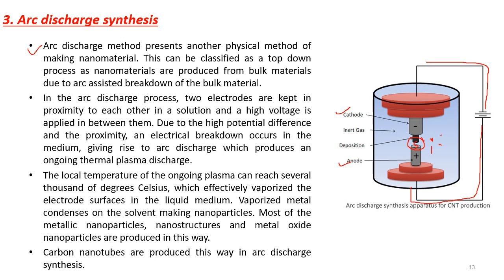This jumping of electrons from anode to cathode creates an arc. Due to this higher potential difference, the arc is generated, and it produces an ongoing thermal plasma discharge, so it has a high temperature.